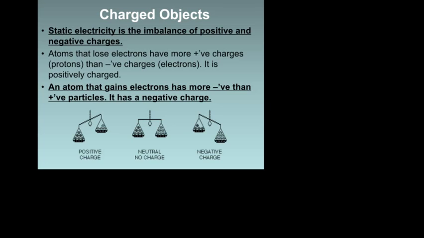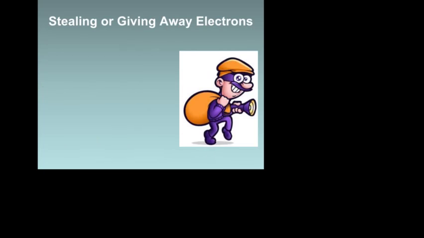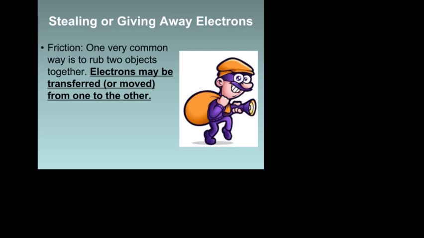So, how does an atom end up losing electrons or gaining electrons? Well, atoms can steal electrons or they can give electrons away. And one of the easiest ways to steal or give away electrons is through friction.